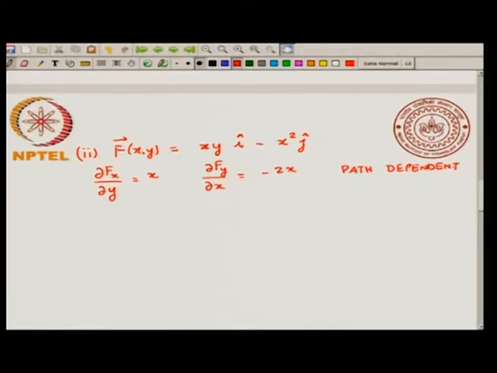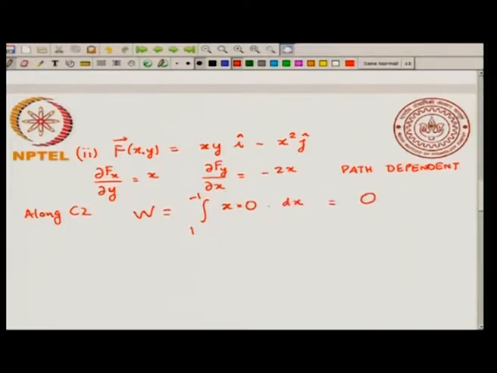Now let us use path C2. The work done is equal to the integral, again from 1 to -1, and you just have the x component times dx. If you look at the x component, you have x into y, and y is 0 as we saw in the earlier part of the problem, and you have dx.